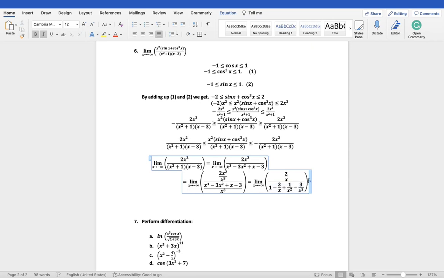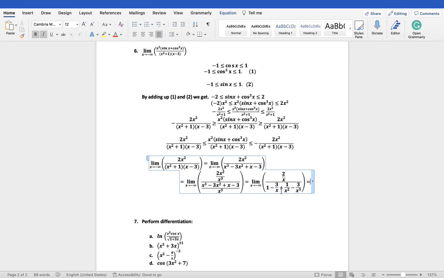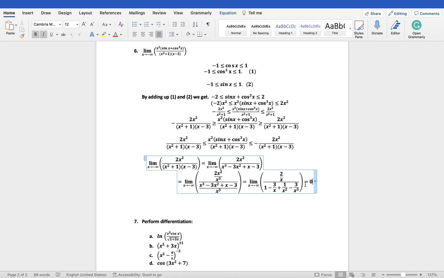When you substitute in the value of x now, you have 2 over x, which is 0, divided by 1 minus 3 over x, which is 0, plus 1 over x squared, which is 0, same as minus 3 over x cubed. So it's basically 0 divided by 1, which is just 0.